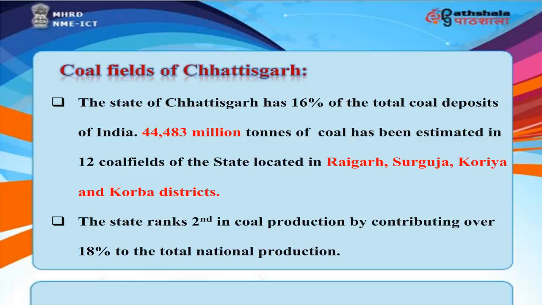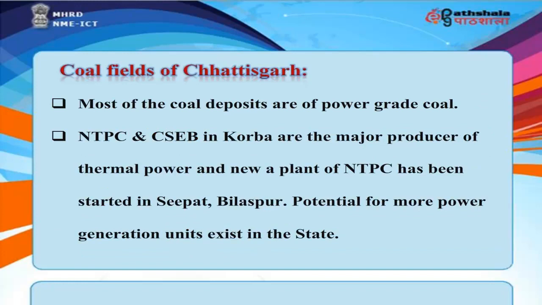The state ranks second in coal production by contributing over 18% to the total national production. Most of the coal deposits are of power grade coal. NTPC and CSEB in Korba are the major producers of thermal power, and a new plant of NTPC has been started in Sipat, Bilaspur. Potential for more power generation units exist in the state.